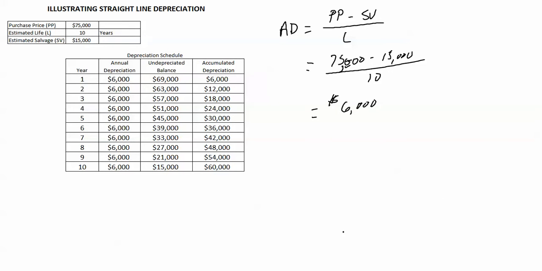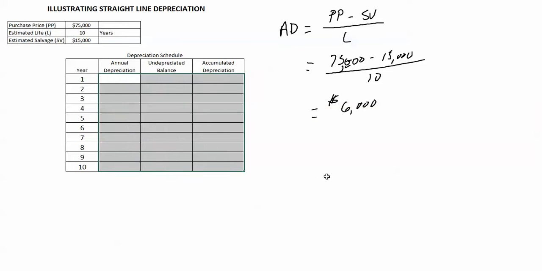Now, let me show you how you would do that in this table. First of all, let me take all these numbers out and show you how you would actually create this depreciation schedule. A depreciation schedule is nothing more than a simple table that shows you the year, and these years would actually be years like 2014, 15, so forth.